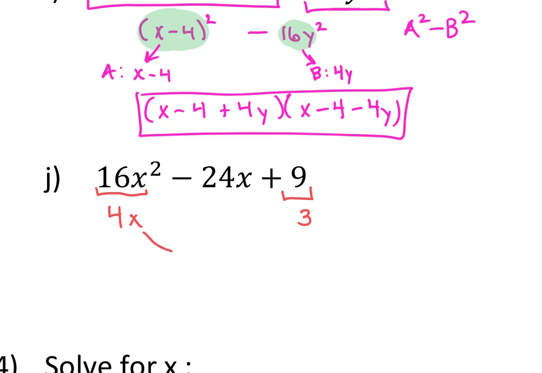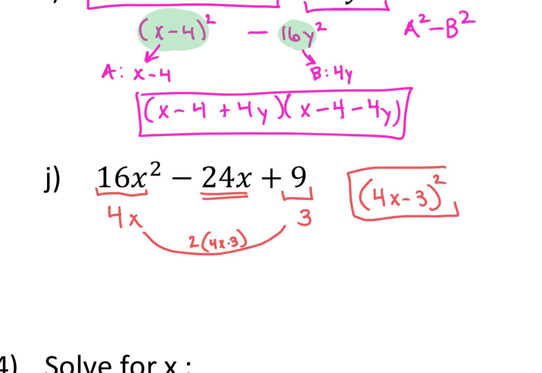If I multiply these together, I get 12 times 2 is 24. It's that middle term. We have a perfect square. So then this factors to 4x minus 3 squared. So there we go. Kind of nice.